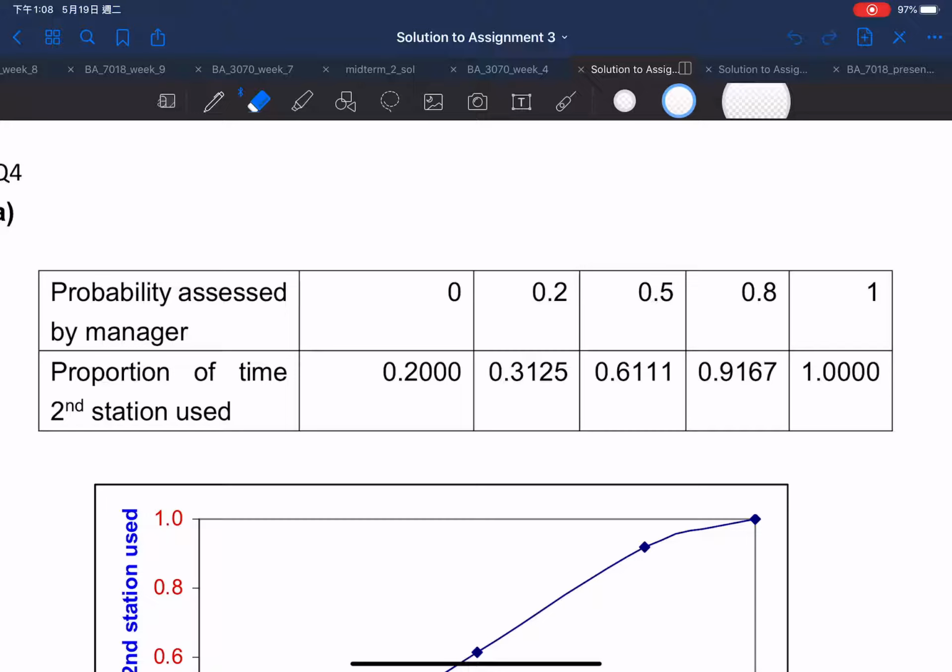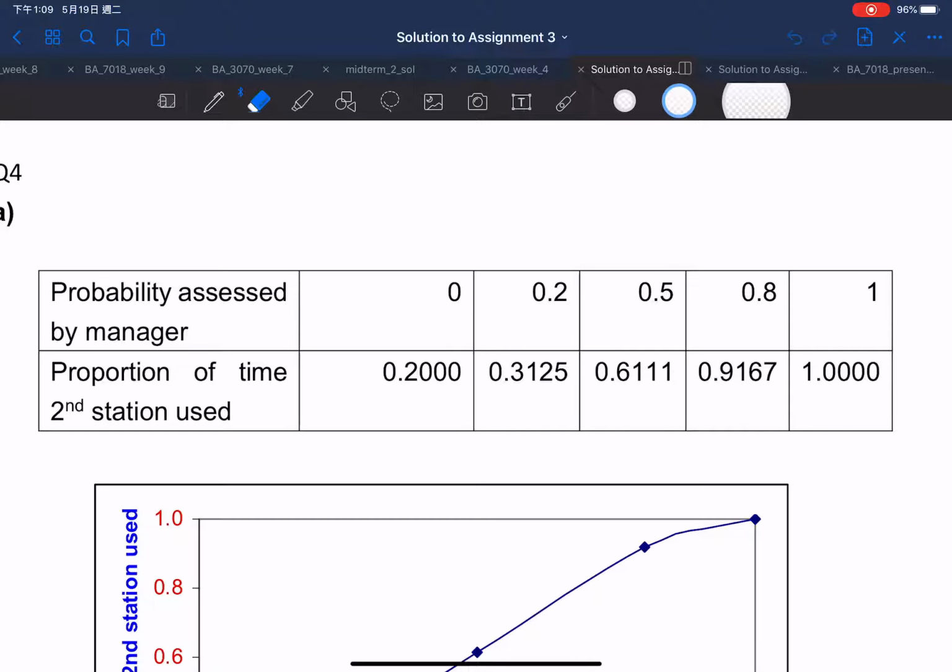So that's why it's 0.2, right? Okay, 20% chance. And you do the same thing for probability 0.2, 0.5, 0.8, and 1.